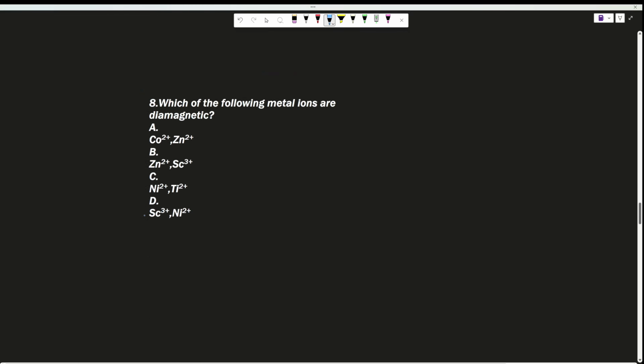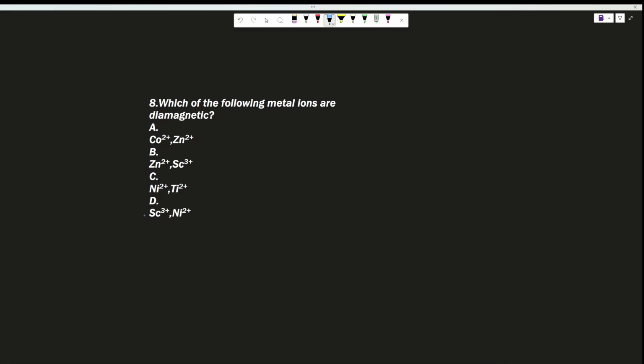Which of the following metal ions are diamagnetic? You will have diamagnetic metal ions when you have all paired electrons in the d orbitals, or when you have no electrons in the d orbitals, because the inner electrons will all be paired anyway. If you consider such cases here, Co2+ is d7 configuration, so you will have unpaired electrons.